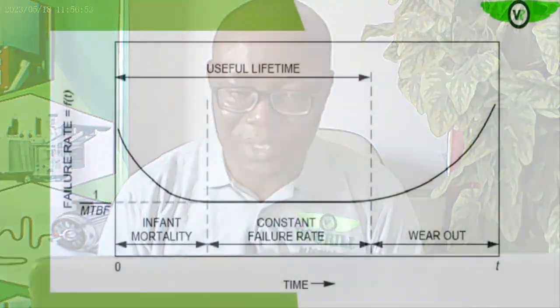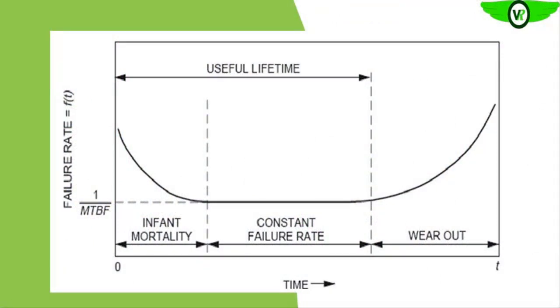So this is the bathtub curve that we were discussing. On the vertical axis we have the failure rate, or the failure probability, and the horizontal axis is the time axis. Usually when an equipment is installed, it has a very high probability of failure. Are we getting it?